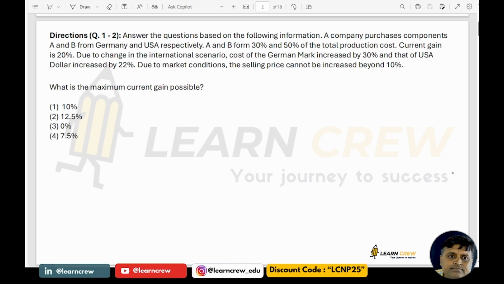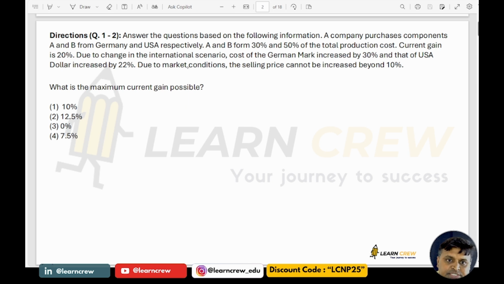First question. A company purchases components A and B from Germany and USA respectively. A and B form 30% and 50% of the total production cost. Current gain is 20%.